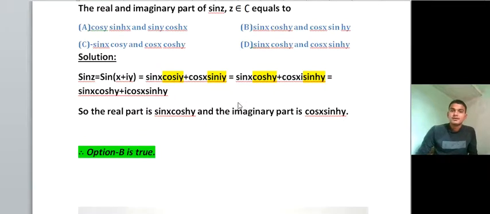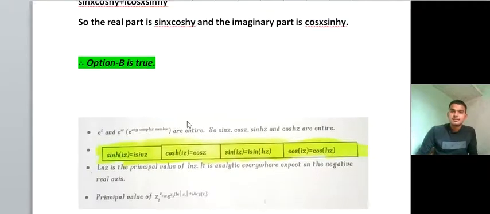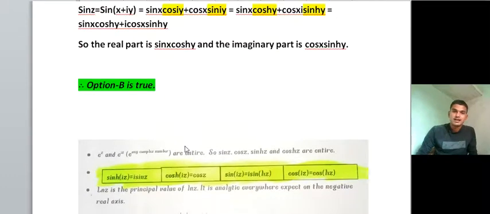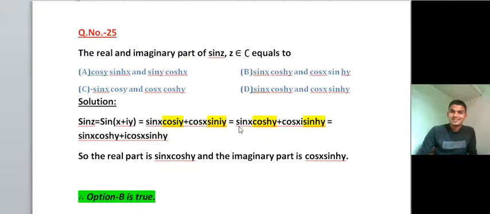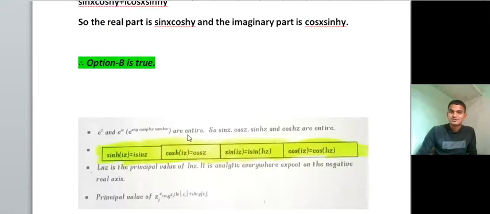You can see we'll apply two formulas from these four. This is sin x into cos iy, sin x into cos iy.